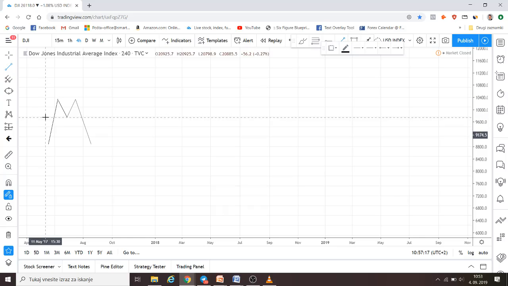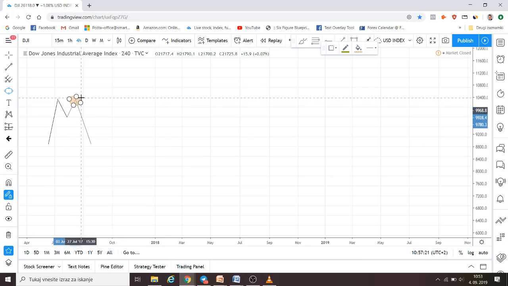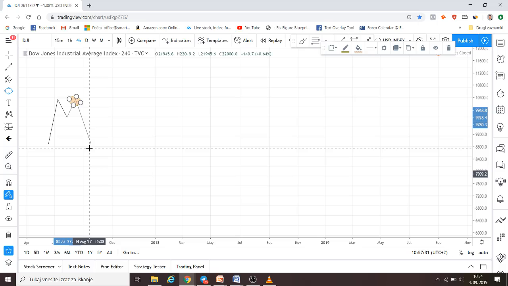We have a strong resistance at the top, but you have to know that some people will try to enter around here on the top, but can you be sure that price will really reverse from a significant level? You cannot be sure. It's just guessing.